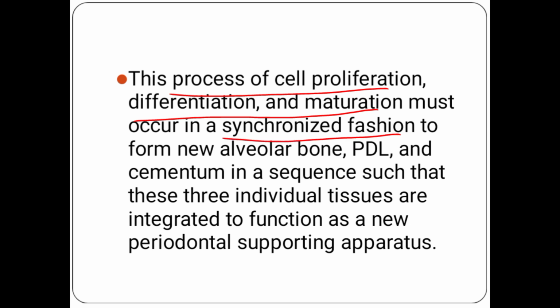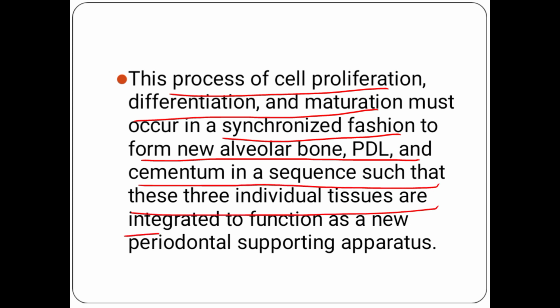What is synchronized fashion? It means in a proper manner and sequence, to form new alveolar bone, periodontal ligament, and cementum, such that these three tissues are integrated to function.